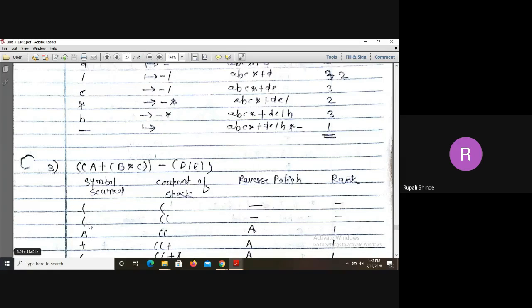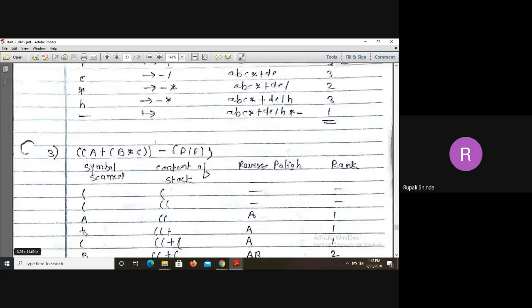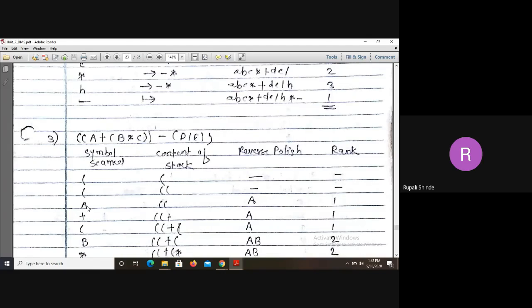Next is again an opening bracket that we have pushed here. Next is symbol A, so we write A into postfix form. The stack contains two opening brackets, the postfix form contains symbol A, and the rank for this expression is 1.